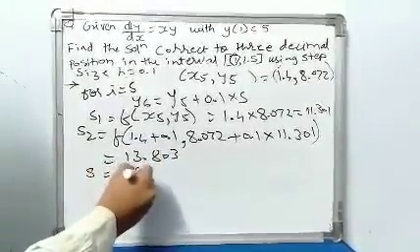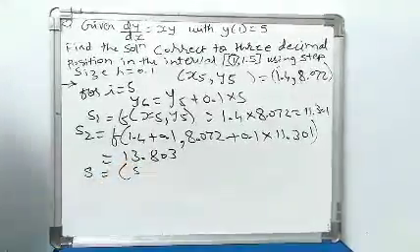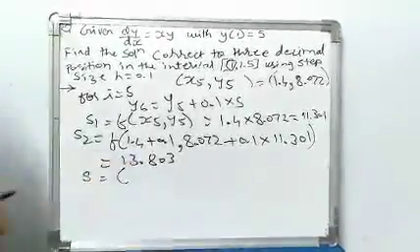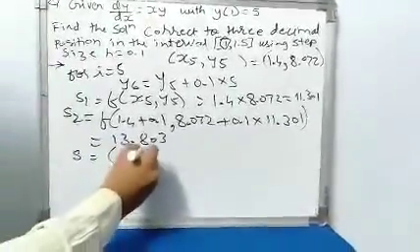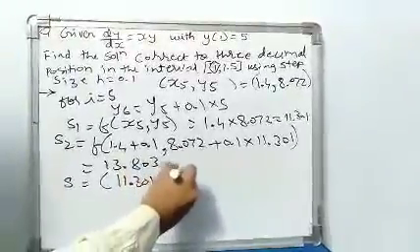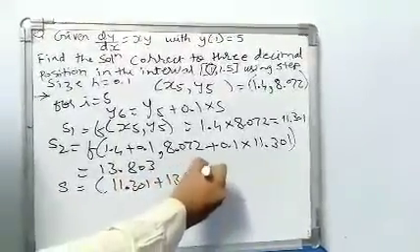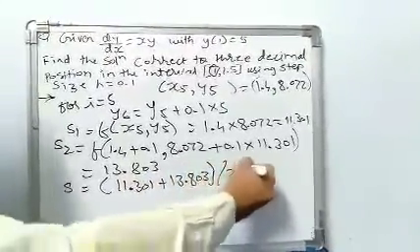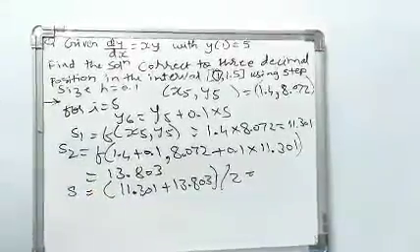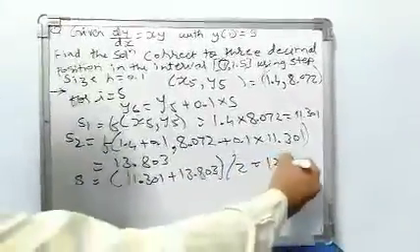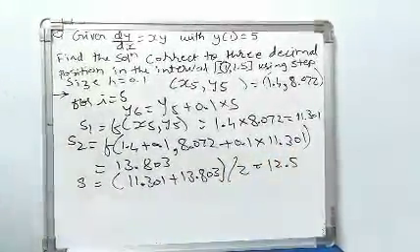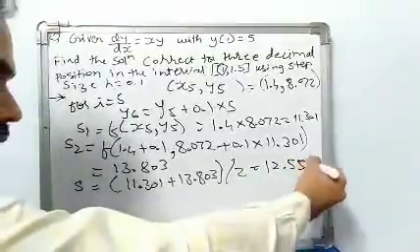Now we need to calculate the value of s. s is equal to (s1 plus s2) by 2, where s1 we know is 11.301 plus 13.803 by 2, and you get the value 12.552.